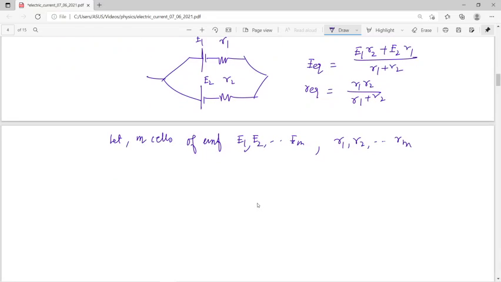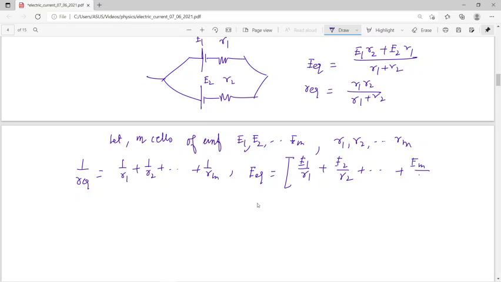Then you can find the total equivalent resistance as 1 by R1 plus 1 by R2 dot dot dot plus 1 by Rm, and the equivalent EMF is (E1/R1 + E2/R2 + dot dot dot + Em/Rm) multiplied by R equivalent. That is the corresponding formula by which we can find it if the cells are different.